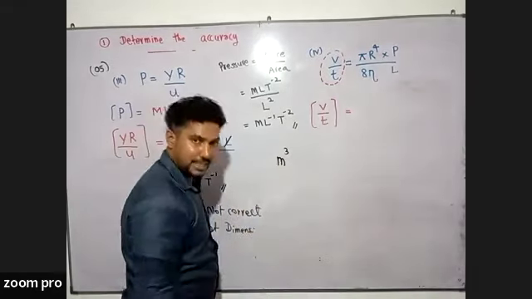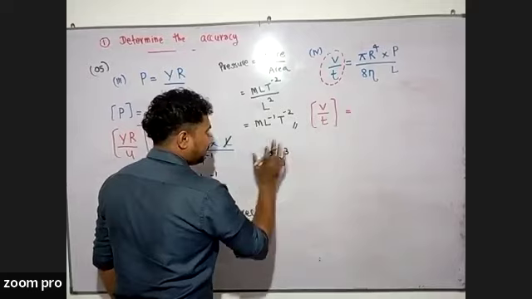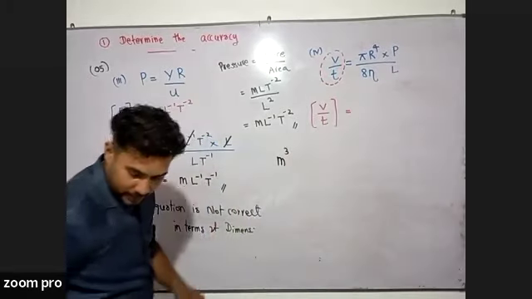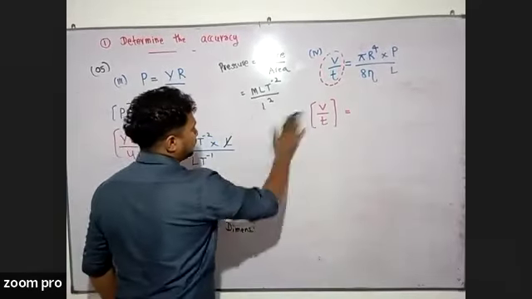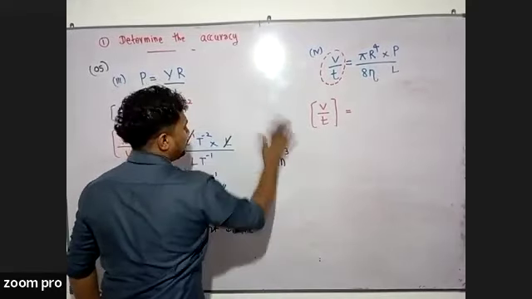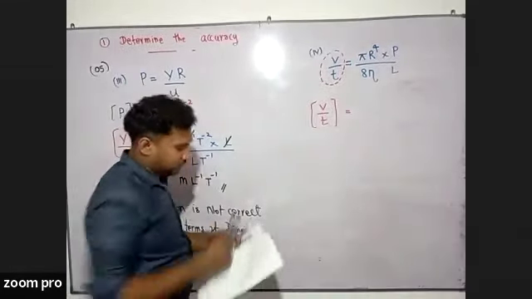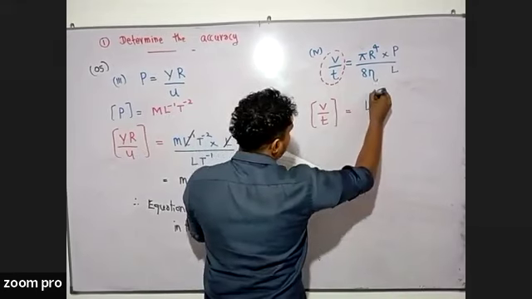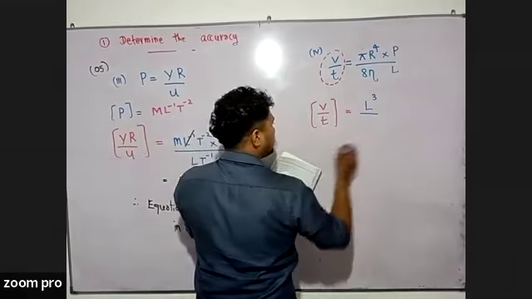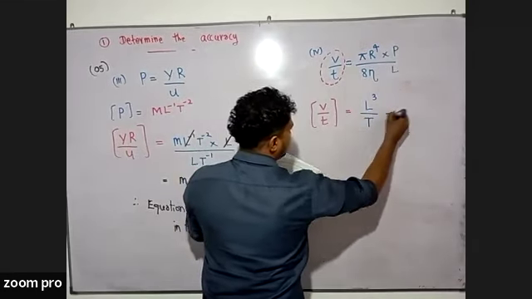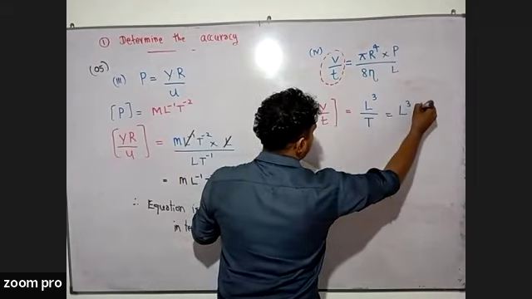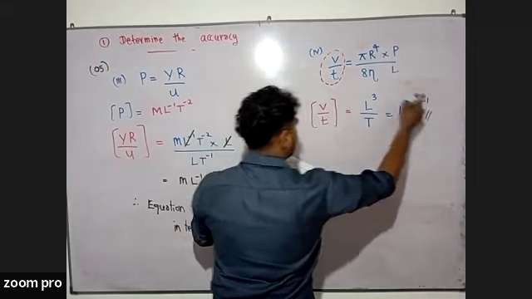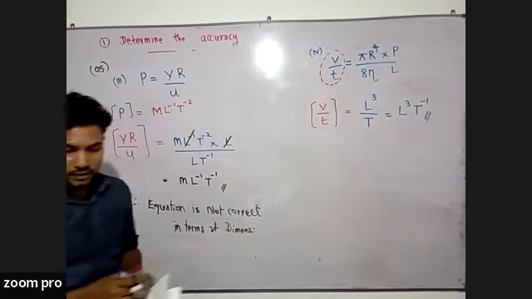So meters measure the length. That means the dimensions of volume should be equal to L cube, over T. That means L to the power 3 T^-1. So this is the dimensions of V over T.